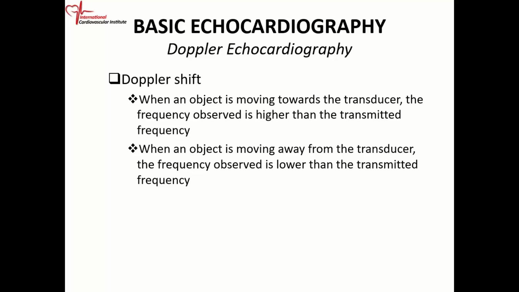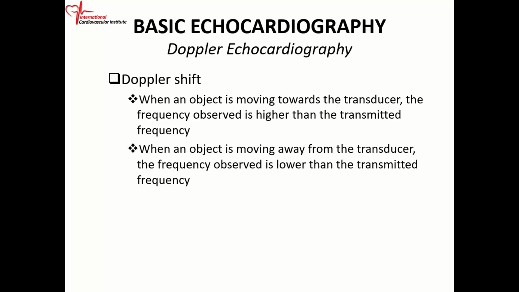But again, we're going to relate this now to what we do, which is ultrasound. If you are doing a heart scan and we're looking at blood or structure, blood is going to move towards the transducer, and blood is going to move away from the transducer.